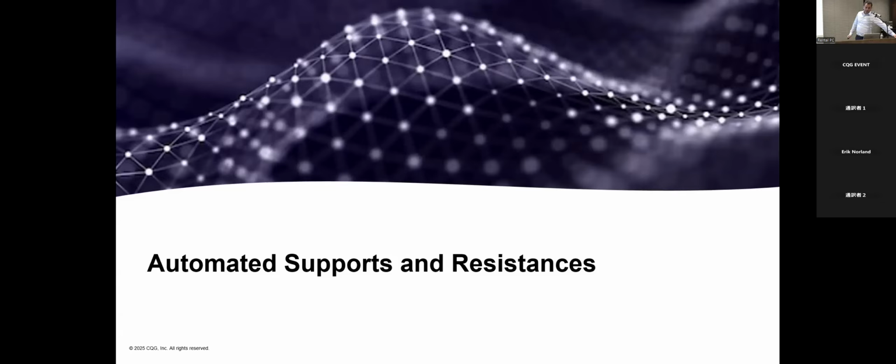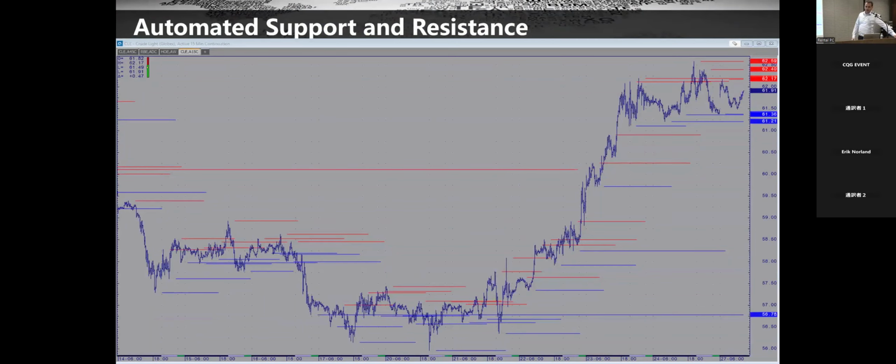The last part I want to touch on quickly is automation of support and resistance. Everything is sort of automated these days, so we can provide an objective view of the market and whether we can automate these levels, because technical analysis is very much a subjective exercise when it comes to support and resistance.